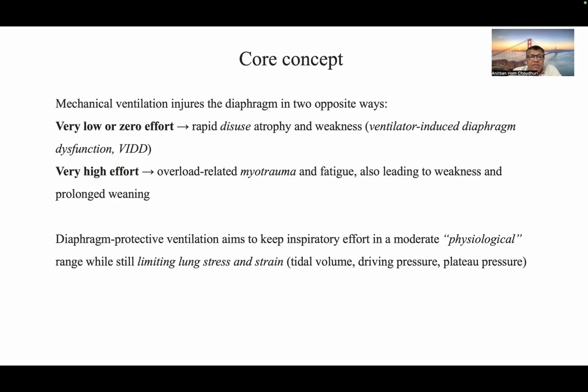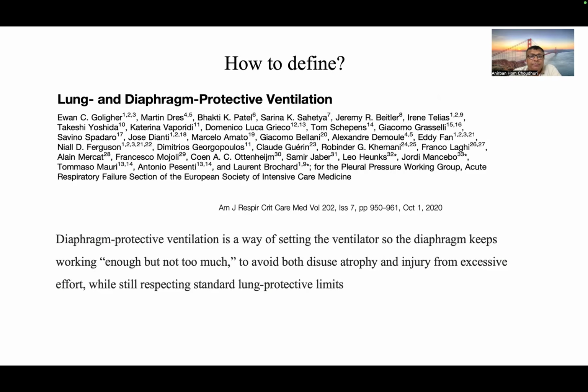So diaphragm protective ventilation aims to keep inspiratory effort in a moderate physiological range while limiting the lung stress and strain. And this is indicated by the tidal volume, the driving pressure, and the plateau pressure. Now, this was published in the American Journal of Respiratory and Critical Care Medicine in 2020, and there they tried to segregate these two aspects while understanding lung and diaphragm protective ventilation.